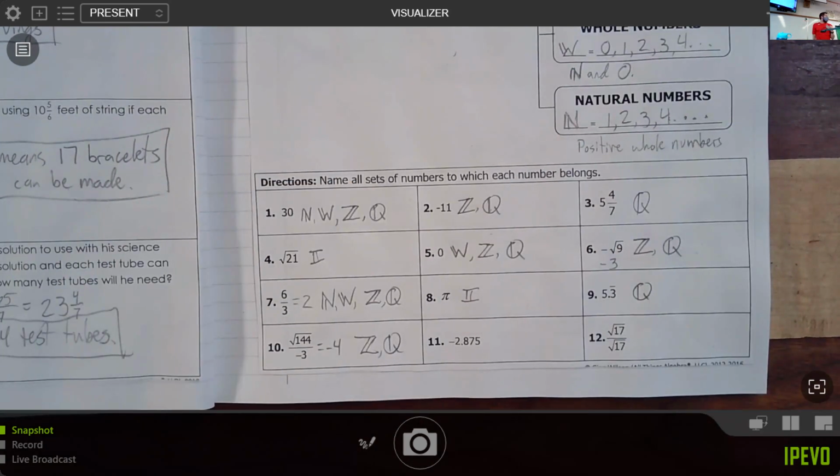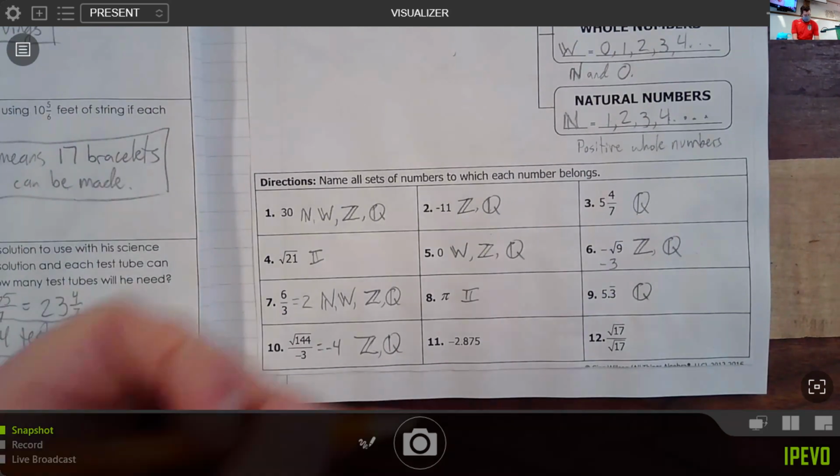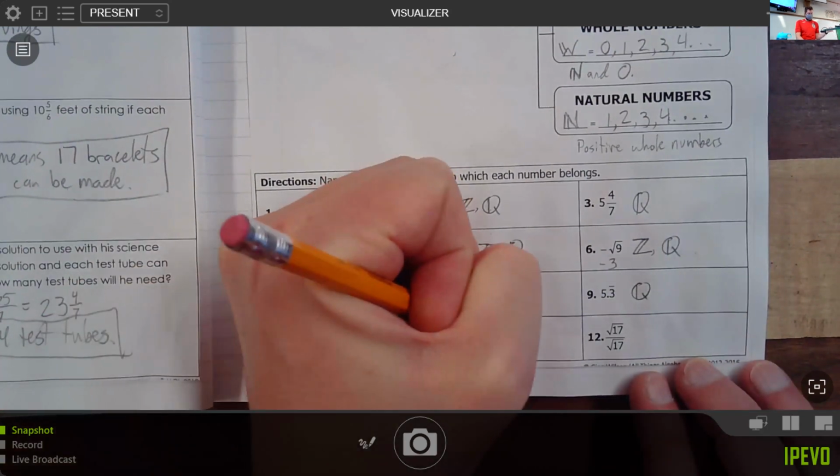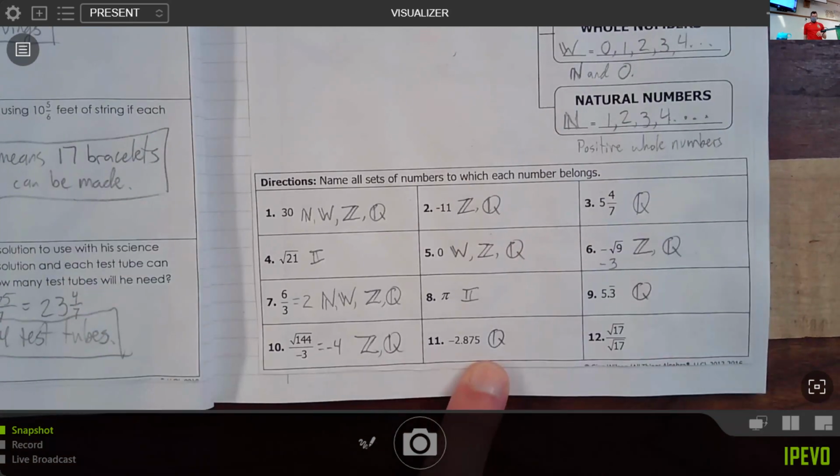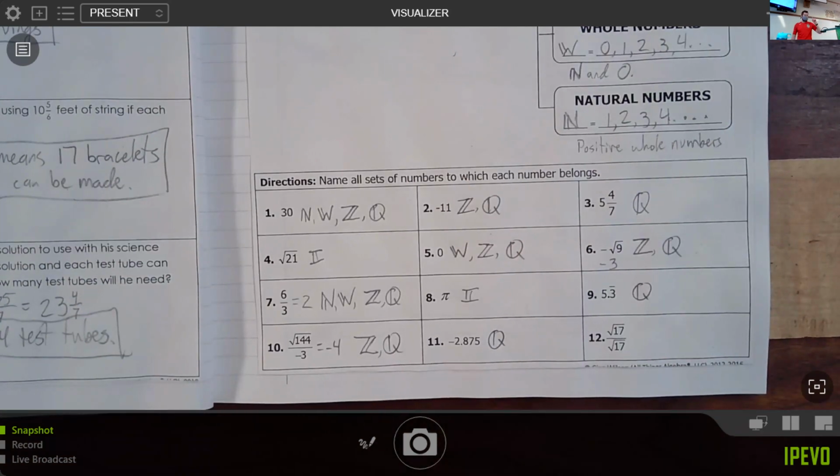How about number 11? It's a decimal. It doesn't repeat, but it does stop. So rational, yeah. So Q for number 11, because you can't write that as a whole number. And then number 12, the square root of 17 is irrational. However, we know a rule for division that if you divide anything by itself, you get what? 1.